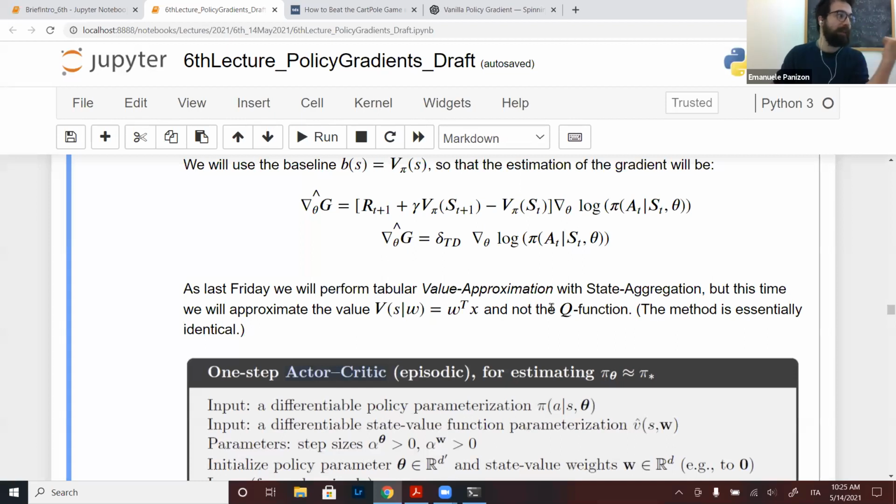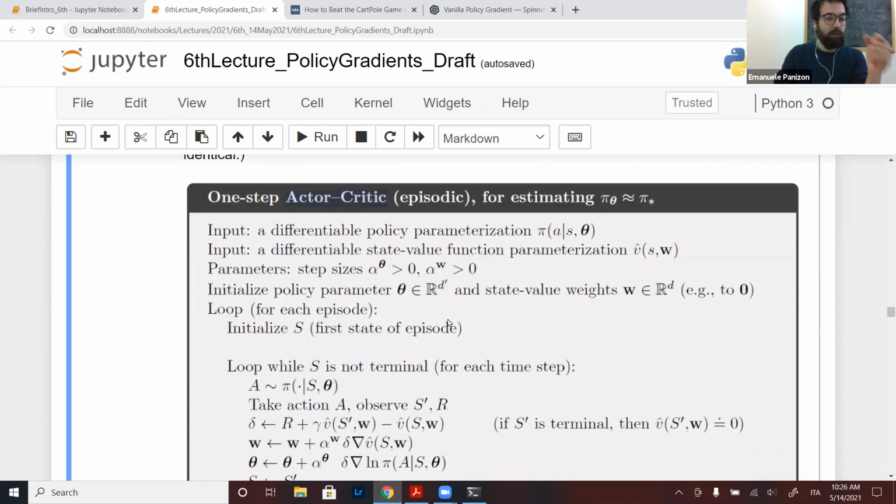In the last lecture, what I stored was of dimension state space multiplied by action space. Now I only need state space, because I'm not storing the approximate Q function, I'm storing the approximate value, V. But the method and everything is essentially identical. What is the pseudocode?